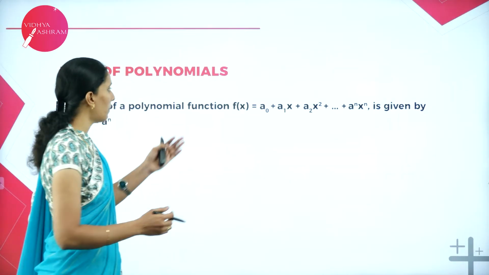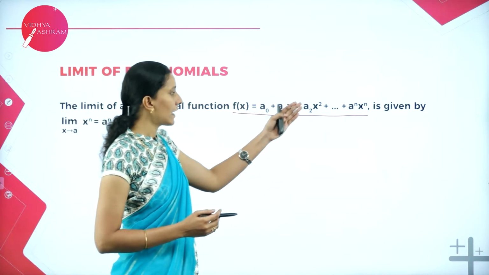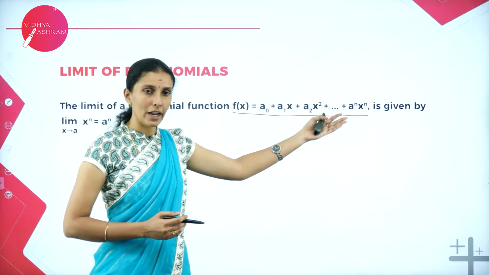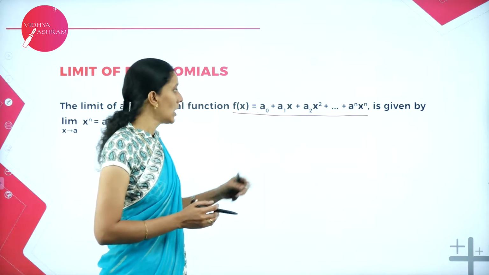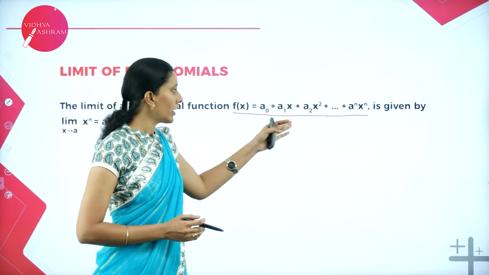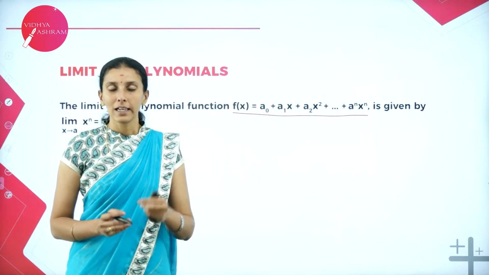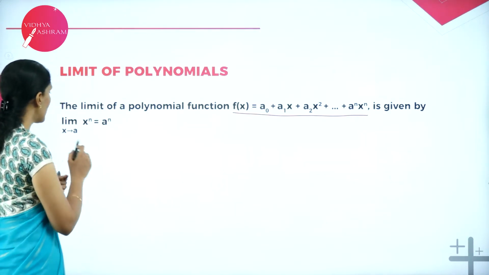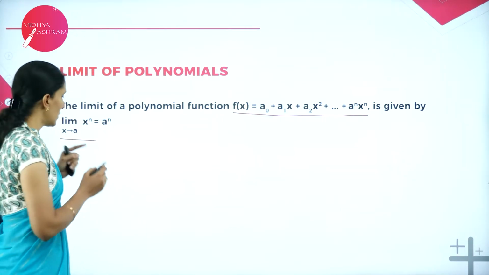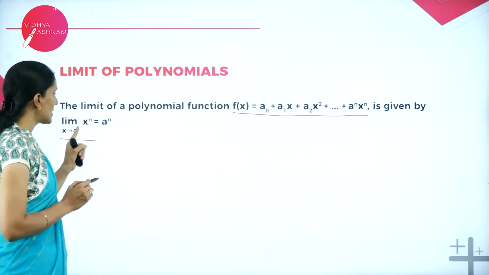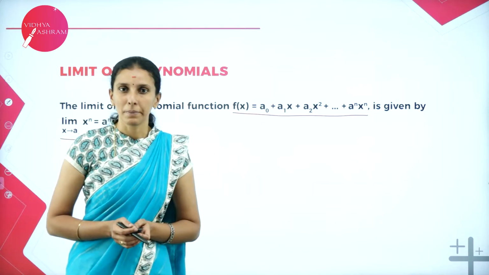We know that a polynomial is generally expressed in this form: a0 plus a1x plus a2x square plus up to anx power n, where n can take only whole number or integral powers. x is a variable and all a0, a1, a2, an are constants. Then the limit of x power n as x tends to a is a power n. So, just substitute the value of a in the place of x; the value is the same as a power n.